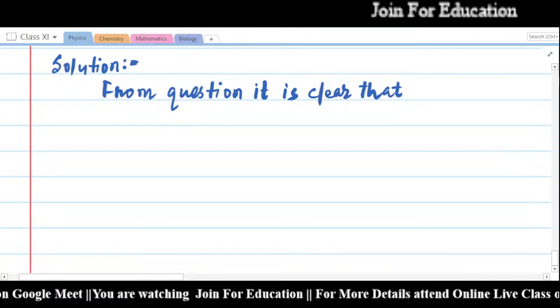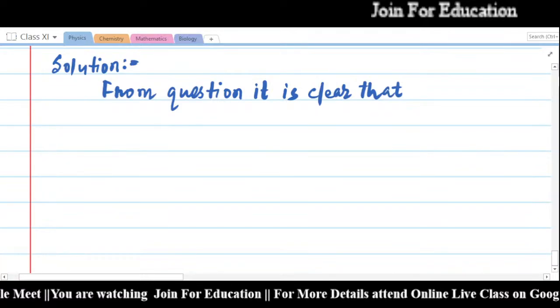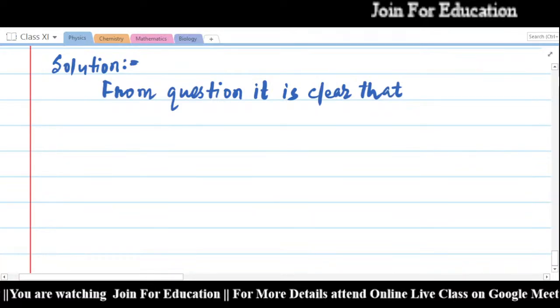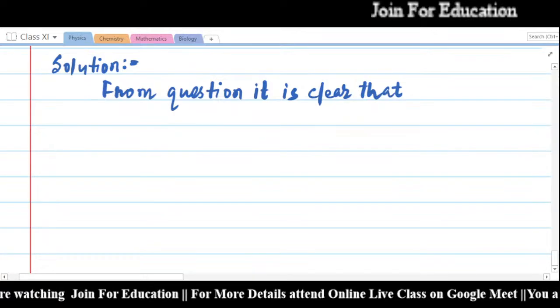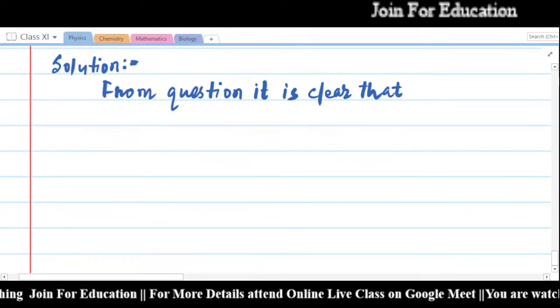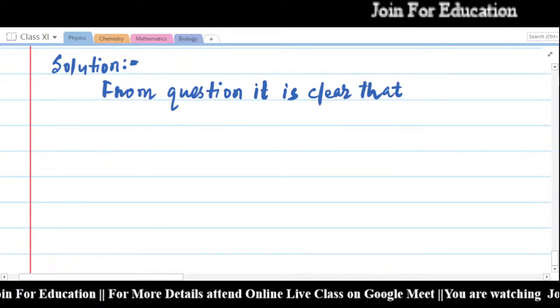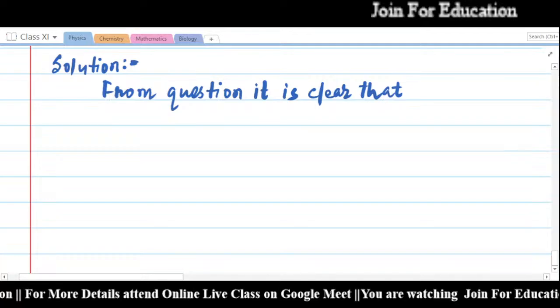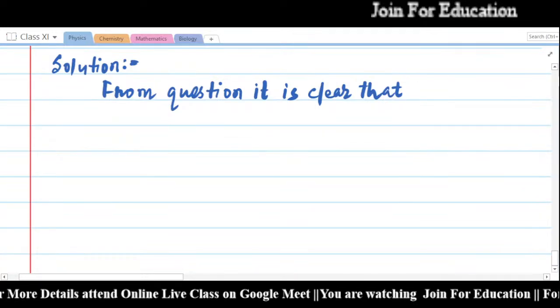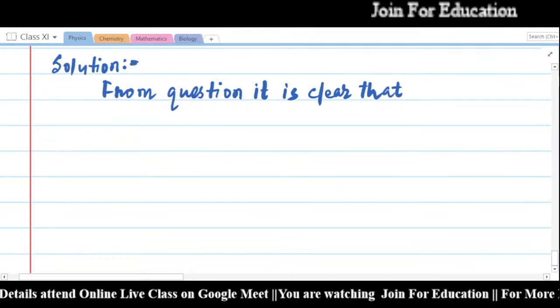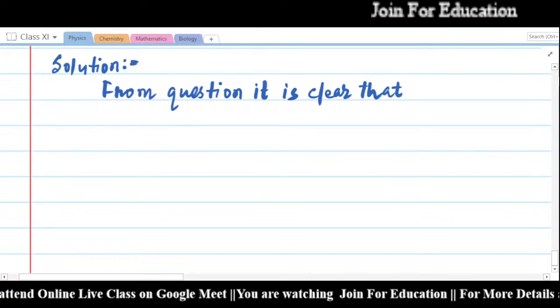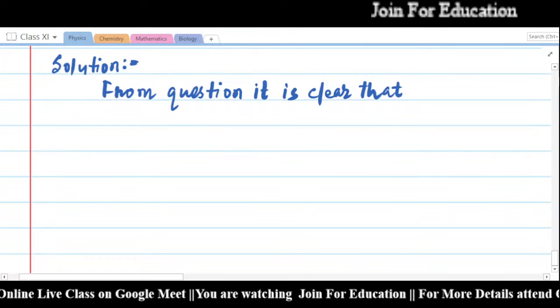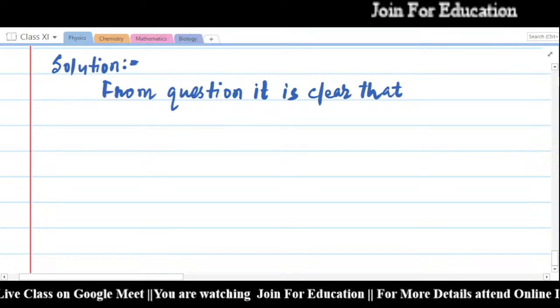If you have the NCERT textbook, then open it. Four identical hollow cylindrical columns of mild steel support a big structure of mass 50,000 kg. So this is the total mass of the four identical hollow cylindrical columns. This question asks what is the compressional strain of each column.